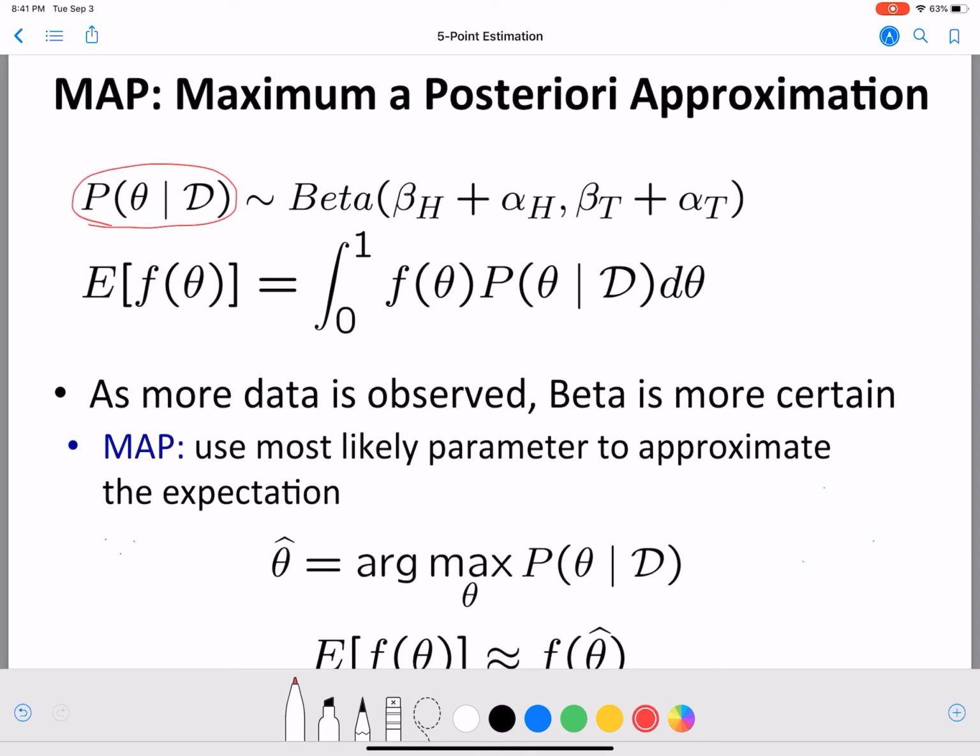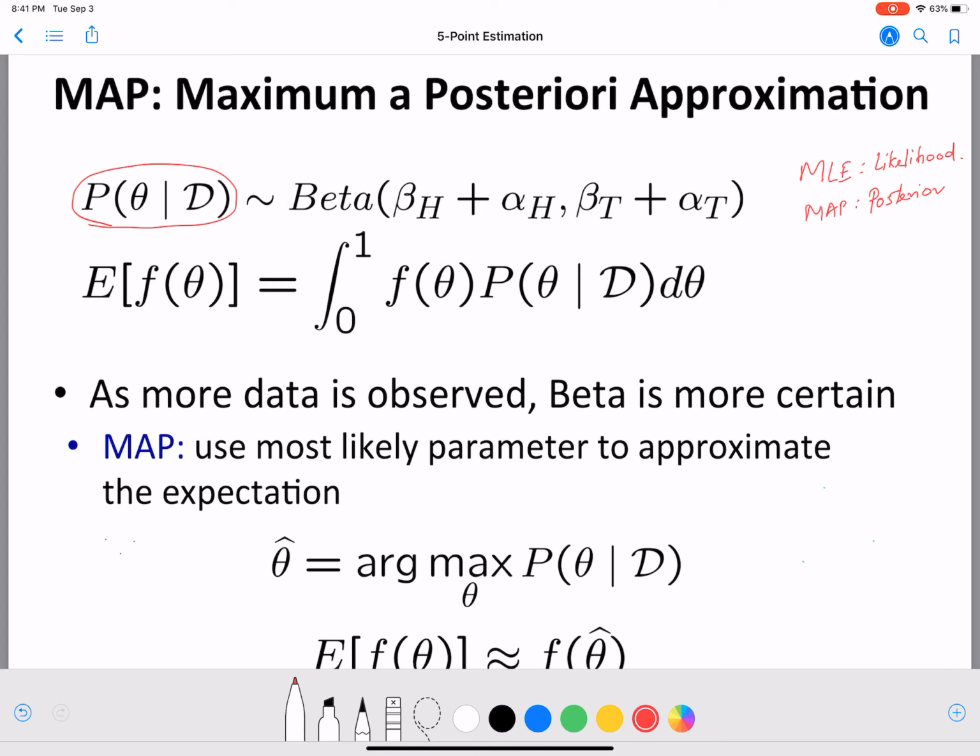Just to remind you, maximum likelihood estimation, MLE, uses the likelihood function for estimation, and MAP uses the posterior. Now the posterior we know is a combination of likelihood and the prior.